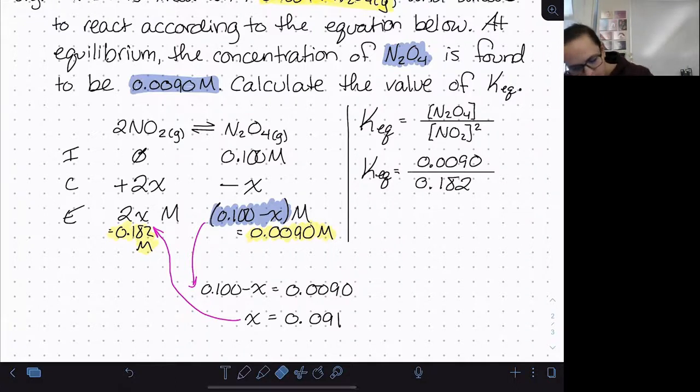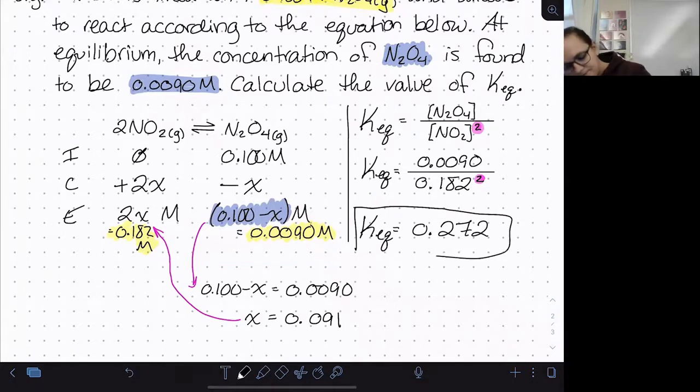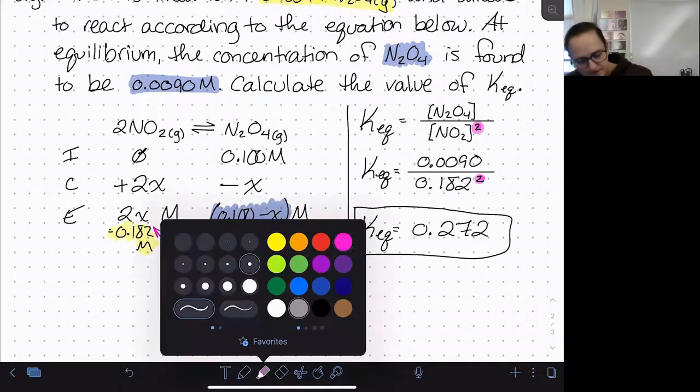Don't forget your exponents when you go to do these calculations. So that comes out to be about 0.272 for our final answer here.